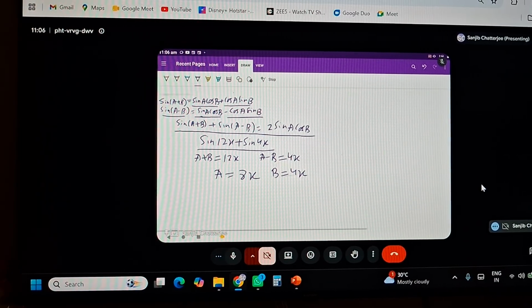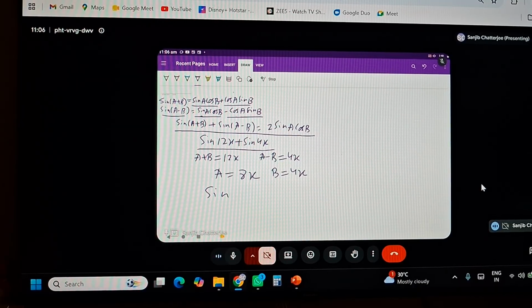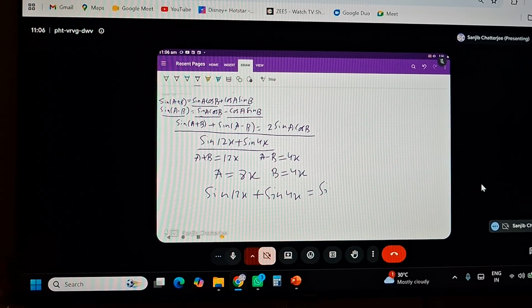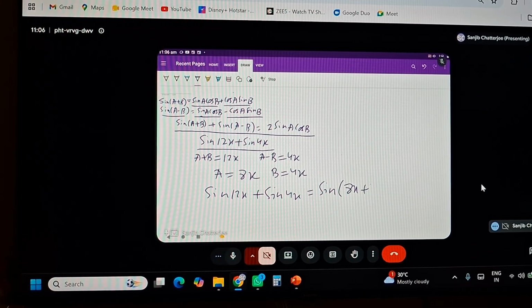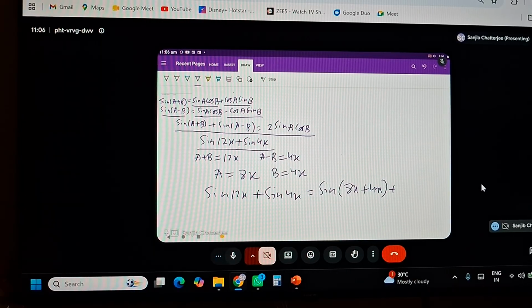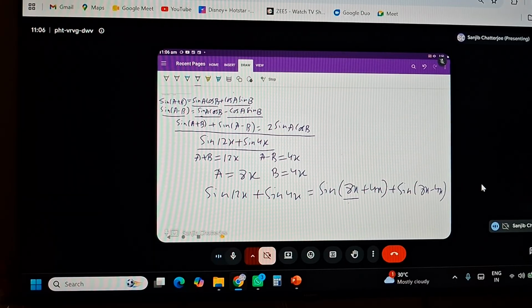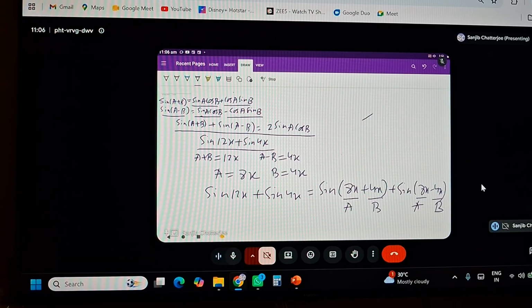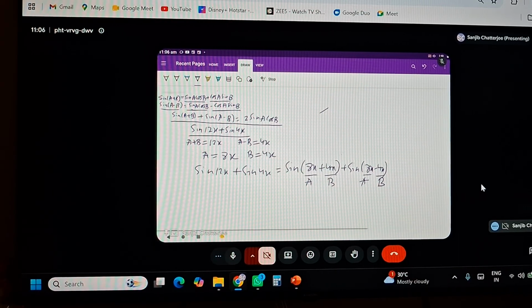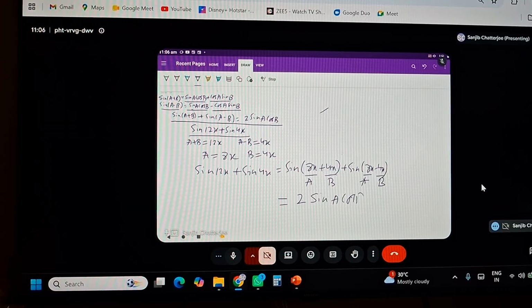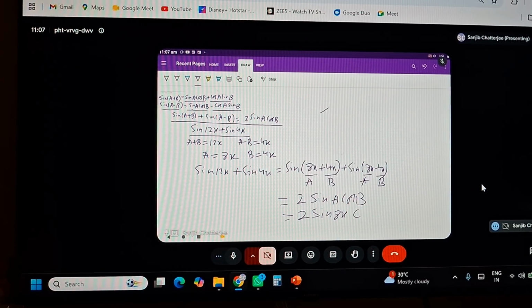Fine. Now sin 12x plus sin 4x, we can write as sin(8x + 4x) plus sin(8x - 4x). You treat this as A, this as B, this as A, this as B. So the next step will be 2 sin A cos B, that means 2 sin 8x cos 4x.